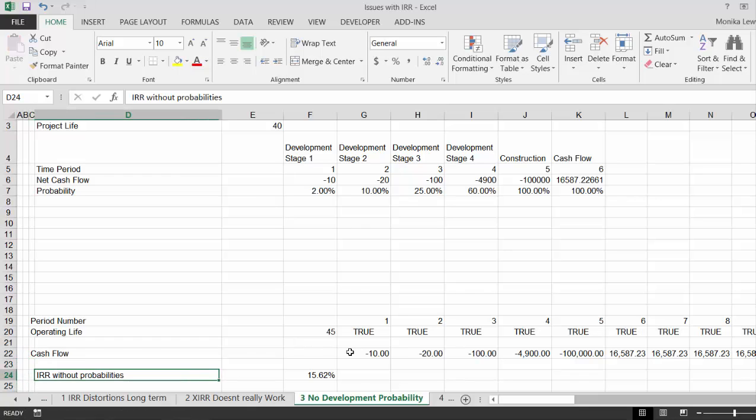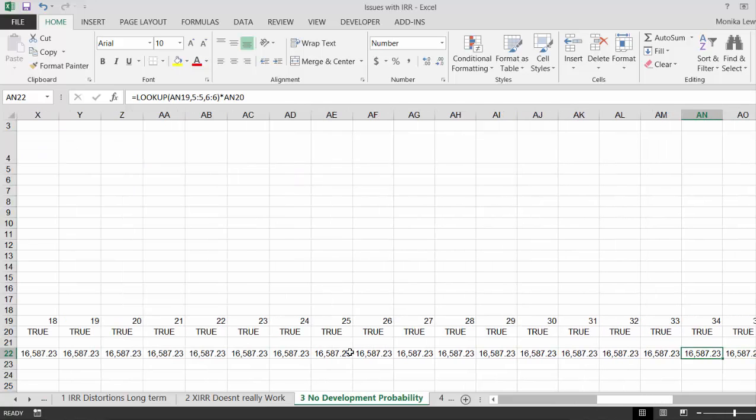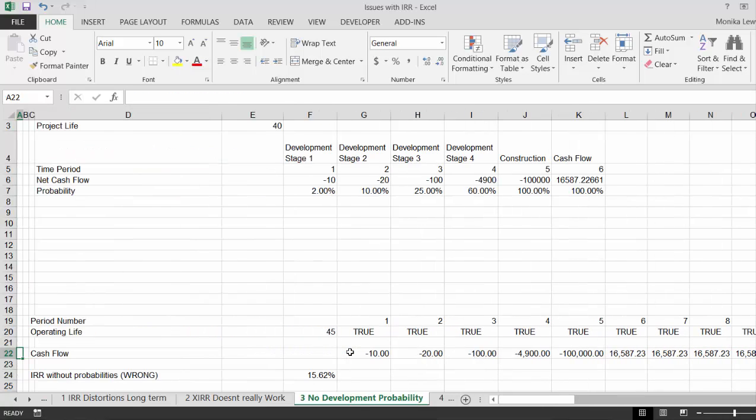Okay, now this is the IRR without probabilities, and we should say wrong, like that, because it doesn't mean anything, because the risks of these cash flows are so dramatically different than the risks of these cash flows. That's why the IRR doesn't work.